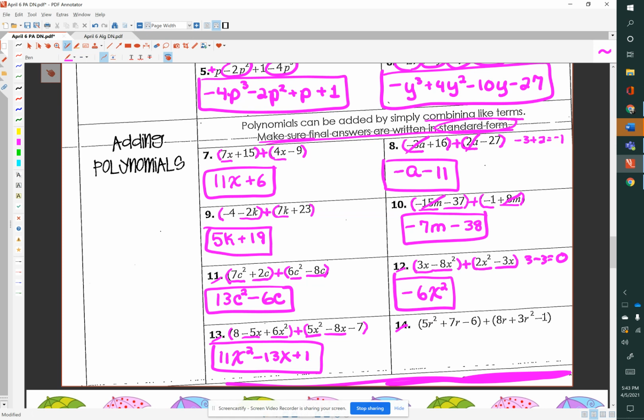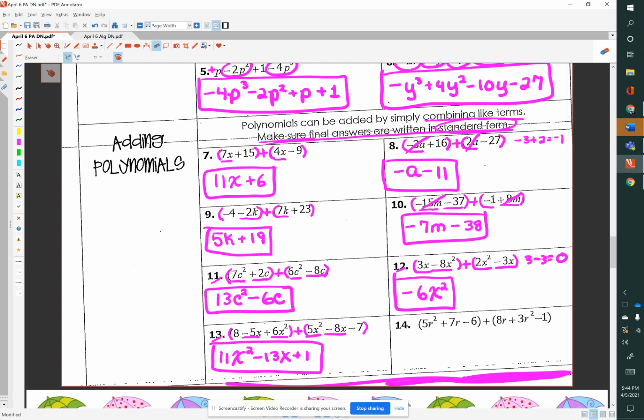And then finally, number 14, we have the quantity of 5r squared plus 7r minus 6, to which we add 8r plus 3r squared minus 1. We'll start with the r squared terms. So 5 plus 8 is 13r squared. And then the r terms, oops, I made a mistake. I added, see what you could do. You've got to be careful with these polynomials.